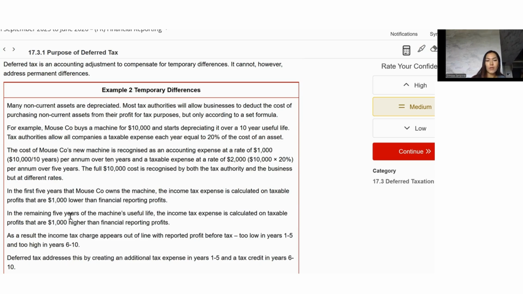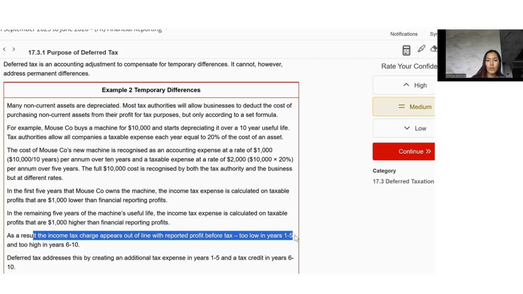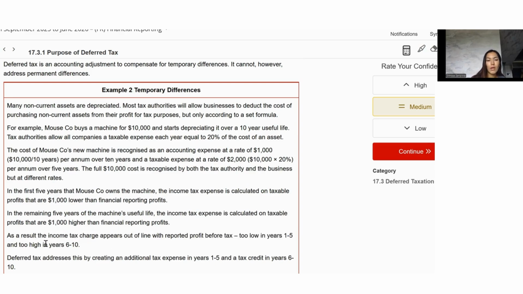In the remaining 5 years of the machine's useful life, the income tax expense is calculated on taxable profits that are 1,000 higher than the financial reporting profits, right? As a result, the income tax charge appears out of line with the reported profit before tax, too low in years 1 to 5, right? And too high in years 6 to 10, right?